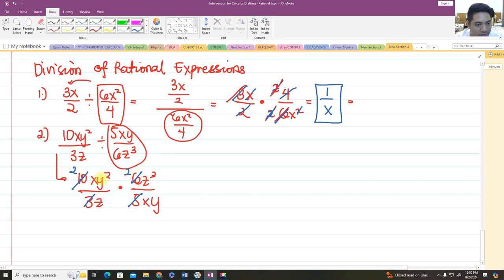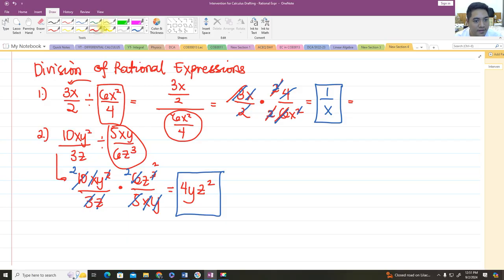You also have x cancelled, 1 y cancelled, and 1 z cancelled here. So, you are left with 2 times 2, that would be 4, and you have y, so 4y, and then you have z squared because we subtract 1 here, all over 1. Or simply 4yz squared. So, this will be our answer for this.